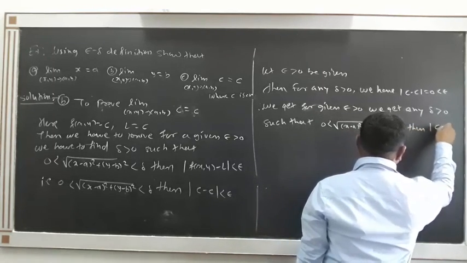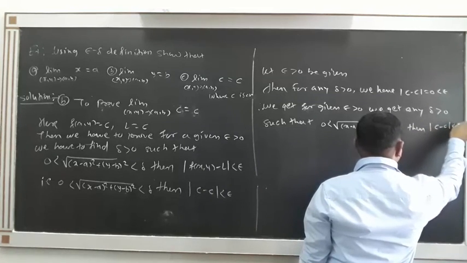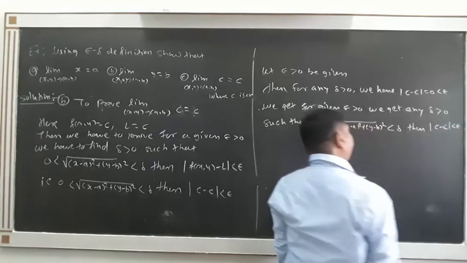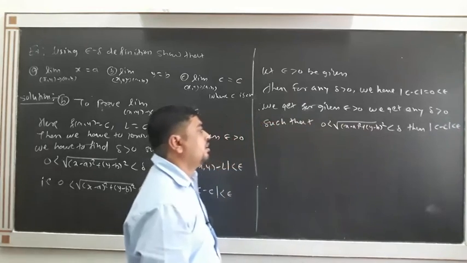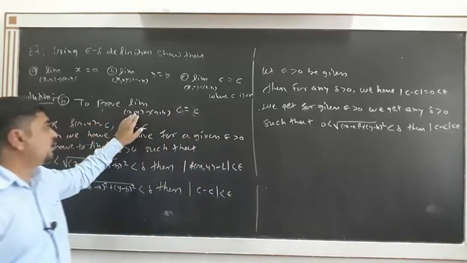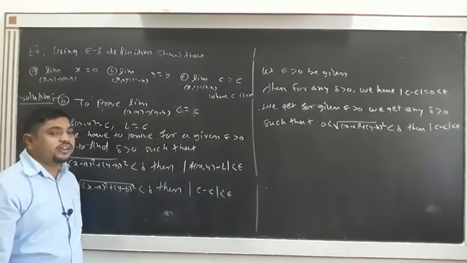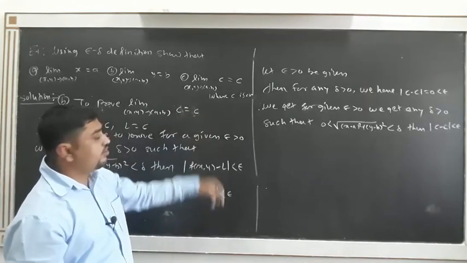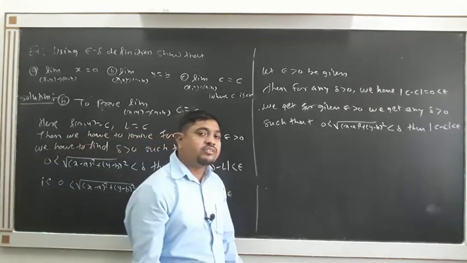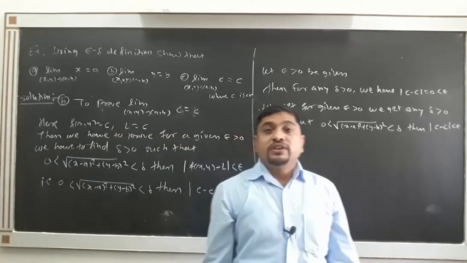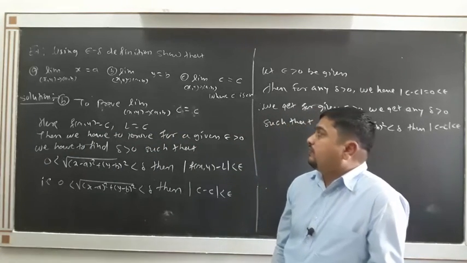Then mod of c minus c is less than epsilon, and therefore the limit of f of xy as (x,y) tends to (a,b) is c. The limit of a constant function is itself.